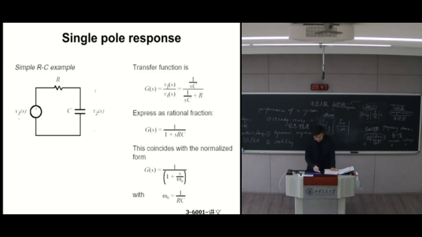If you have a voltage source connecting with a resistor in series with a capacitor, and let's say you look at the voltage across the voltage source and the voltage across this capacitor, and look at the transfer function from V1 to V2. That transfer function, based on circuit theory, can be represented in this way. And if you rearrange it, it is represented as a single pole.